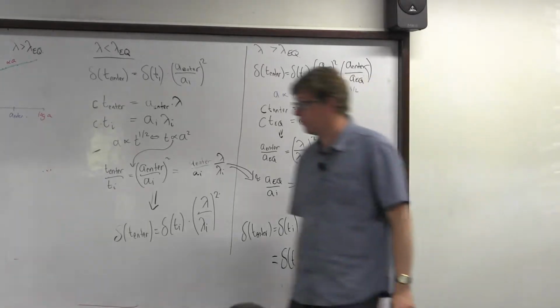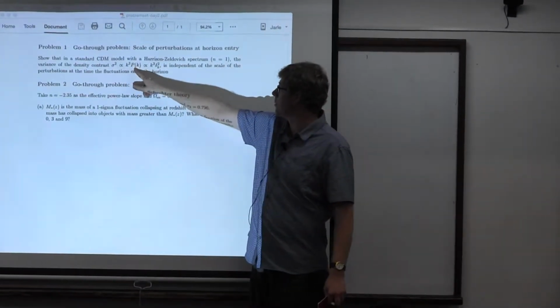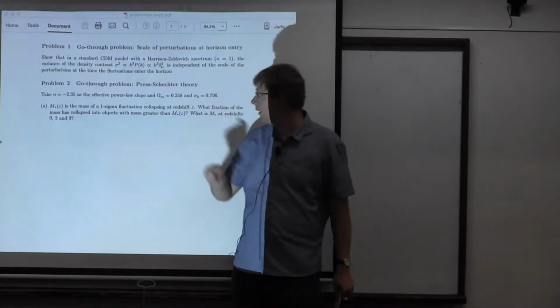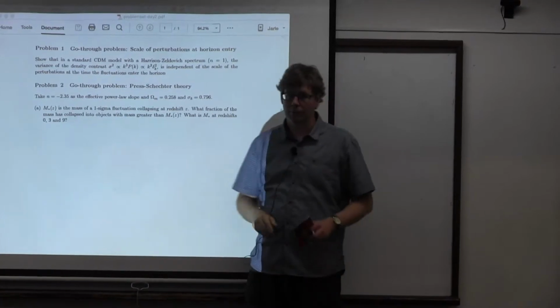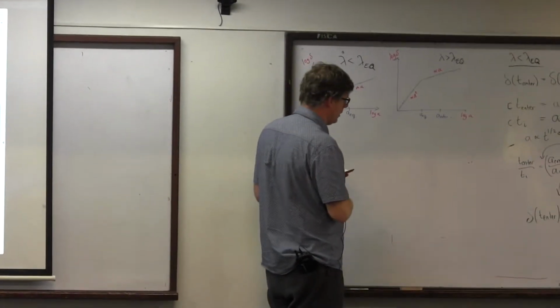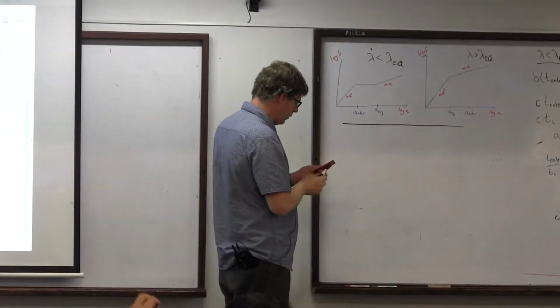What we're asked to show in the problem is that this sigma, k cubed times the power spectrum, is independent of scale in the case of a spectrum with n equal 1. So to do that, you write what that is.